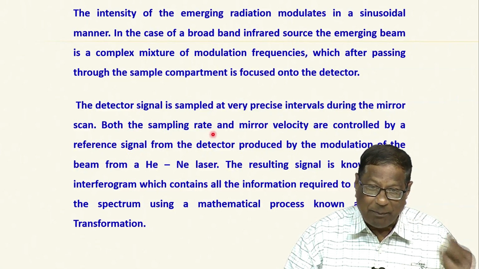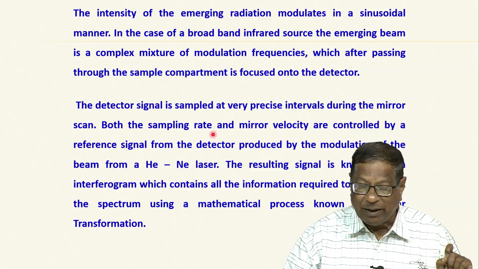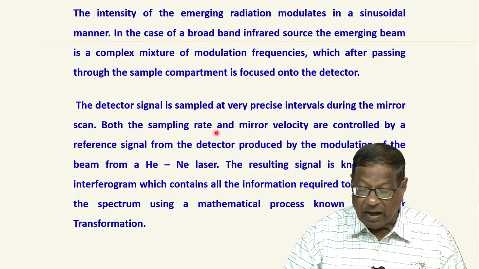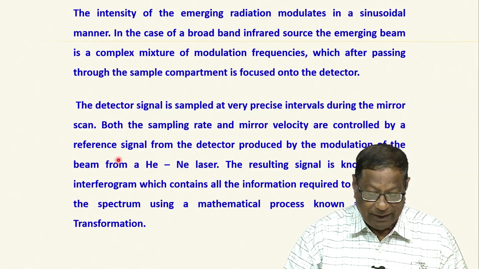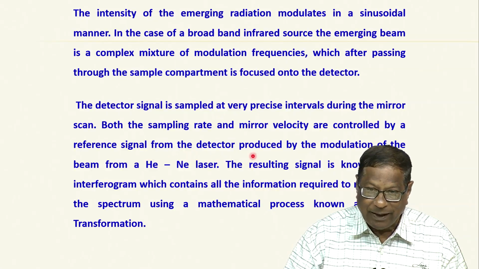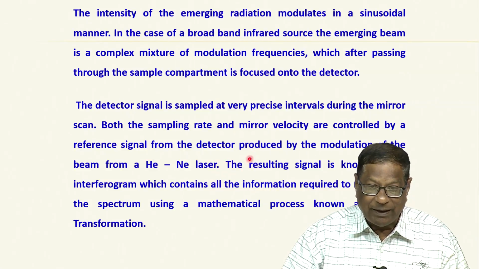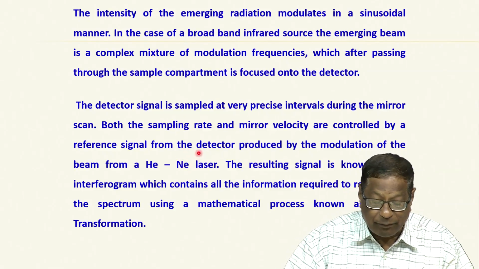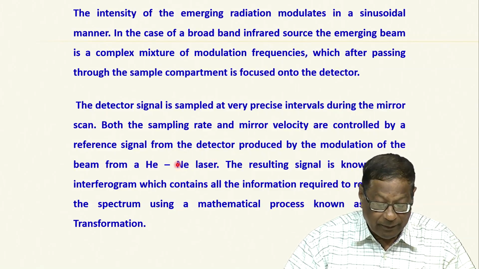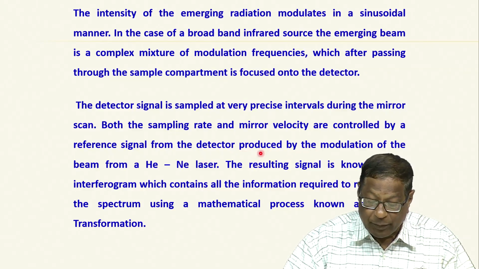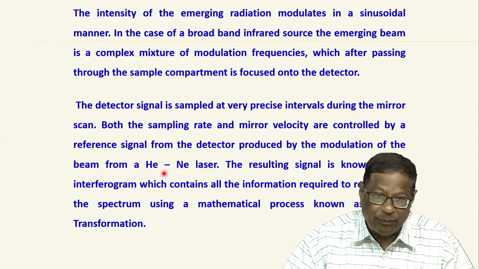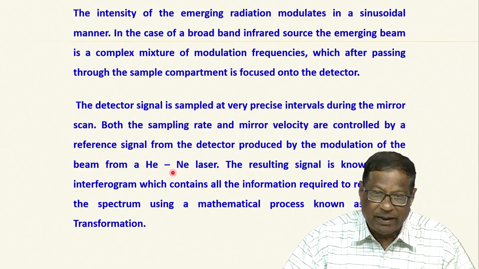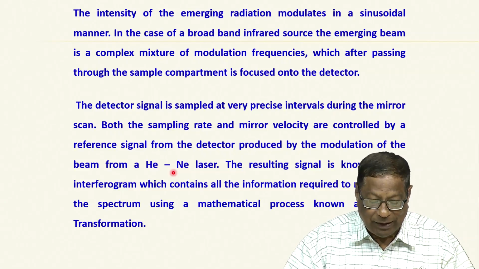So, both the sampling rate and the mirror velocity are controlled by a reference signal, that is the laser light that I had shown in the second picture. That is produced by the modulation of the beam from a helium neon laser.